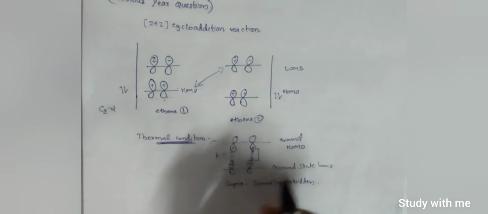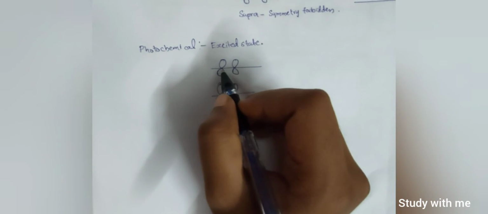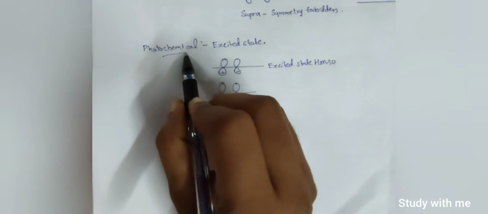photochemical reaction. In photochemical condition, we will take the excited state of the HOMO first. The excited state HOMO is the plus here and the minus one here, and the ground state LUMO in the second one. Because it is a photochemical reaction, we will take the excited state HOMO first and then the ground state LUMO.